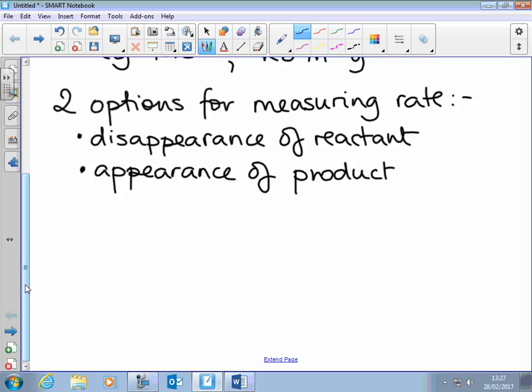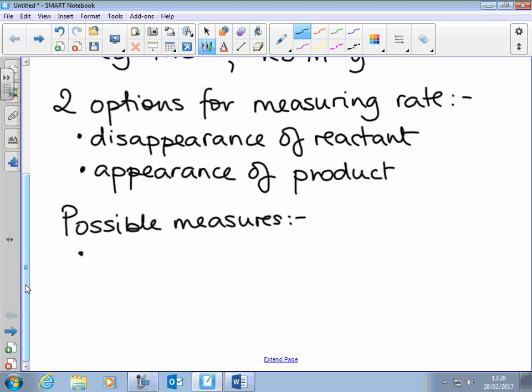So, what sort of measures could you make? There'll be all sorts of things that we can't do because we haven't actually got the equipment, but for the bubbles of oxygen gas, for example, what would you actually be measuring? You could just count the number of bubbles, but probably better to measure the volume.